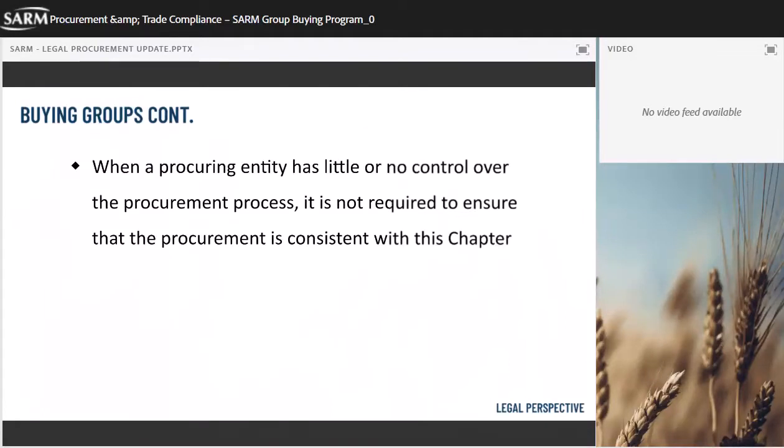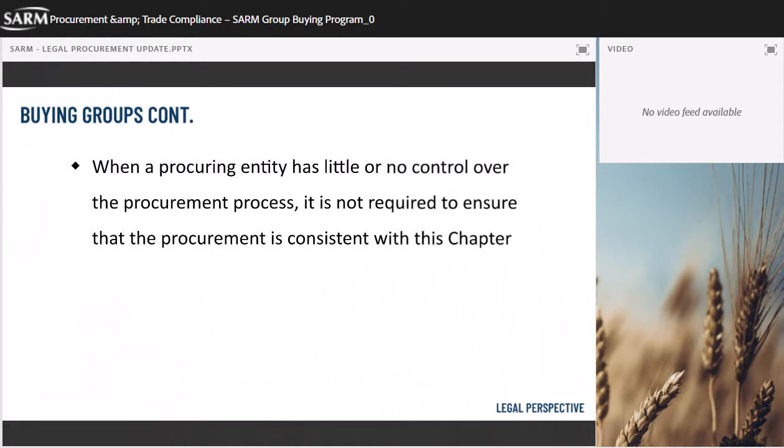Now, there's also this interesting text with respect to buying groups, and it notes that where a procuring entity has little or no control over the procurement process, it's not required to ensure that the procurement is consistent with this chapter. So that contradicts a bit with the legislation, the earlier piece that we noted, that it's a procuring entity's obligation to ensure that the buying group is being consistent, but where it has little control over it, here it's noting that it's not.